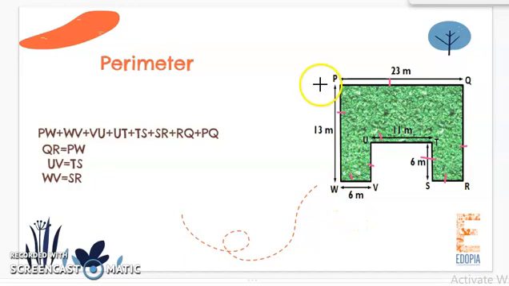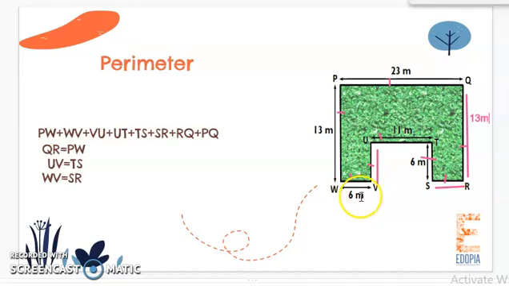But the problem here is we don't have the lengths of this UV, this SR, and this QR. Sometimes in composite figures, you have to figure out some measurements that aren't given. But if we notice, this side PW is equal to this side QR, and this side WV is equal to this side SR. This means if PW is 13 meters, this QR is also 13 meters.